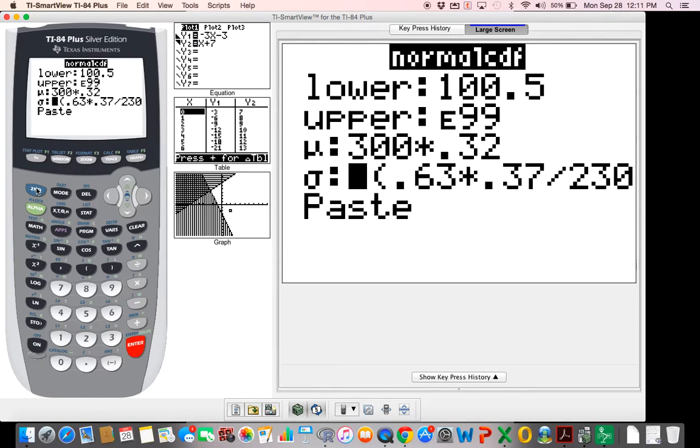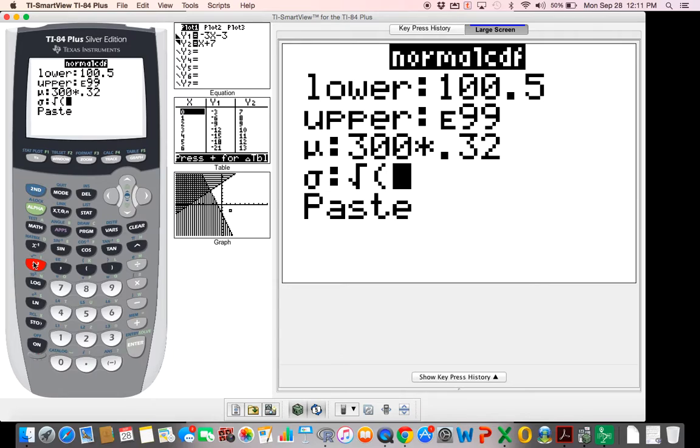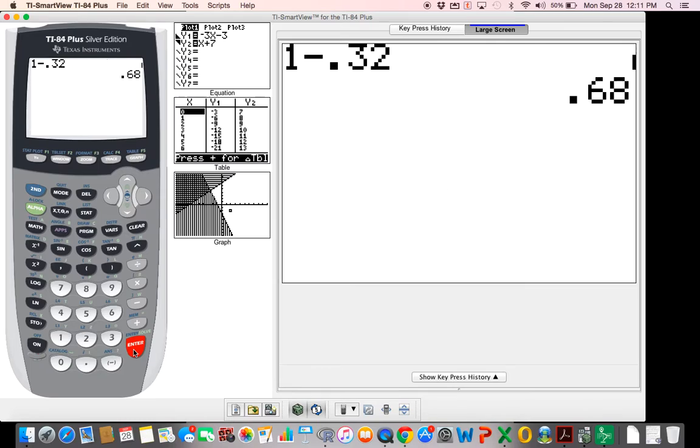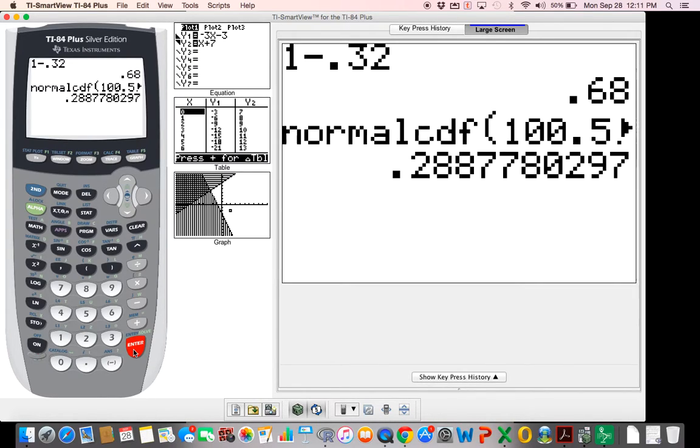And my standard deviation is the square root of 300 times 0.32 times 0.68. Paste, enter again, 0.2888 is the answer.